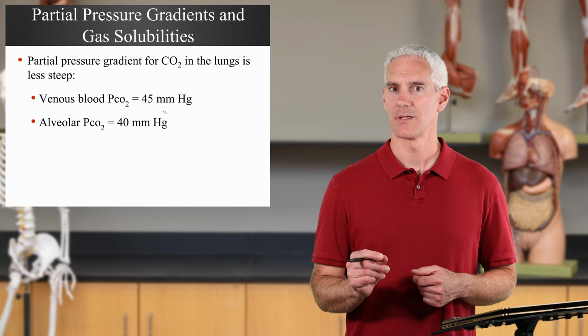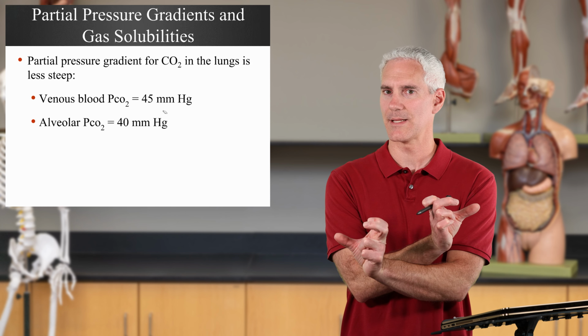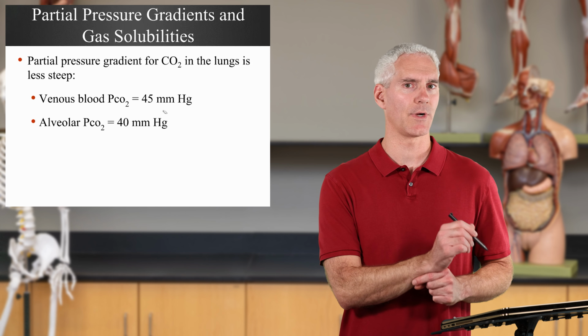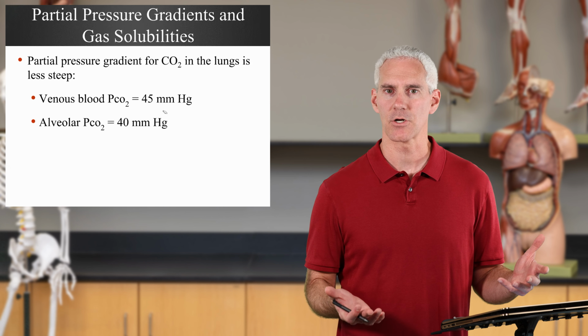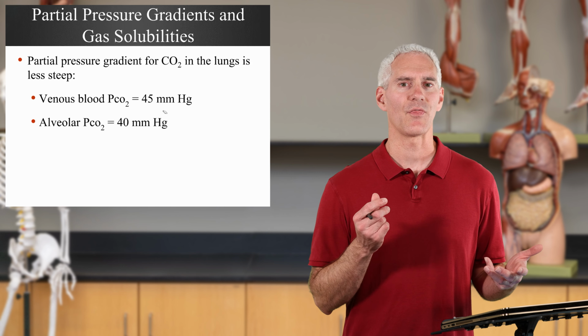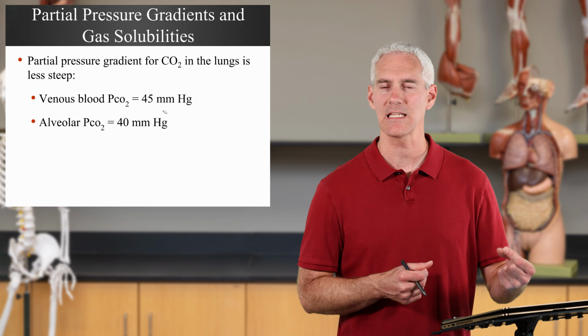But remember, oxygen and carbon dioxide are flowing at roughly the same rate. So if we have a 5 millimeter of mercury gradient here, but we had, what was that, 64 millimeter of mercury gradient for the oxygen, they're flowing the same? That's because carbon dioxide is 20 times more soluble.